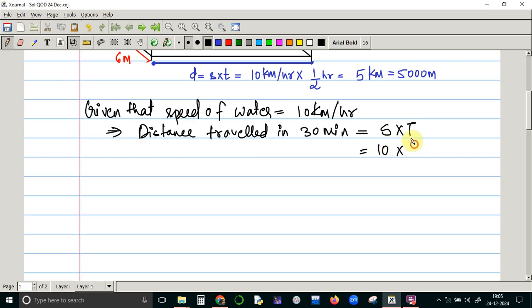So 10 into half an hour, so 5 kilometers. So this implies length is equal to 5,000 meters.